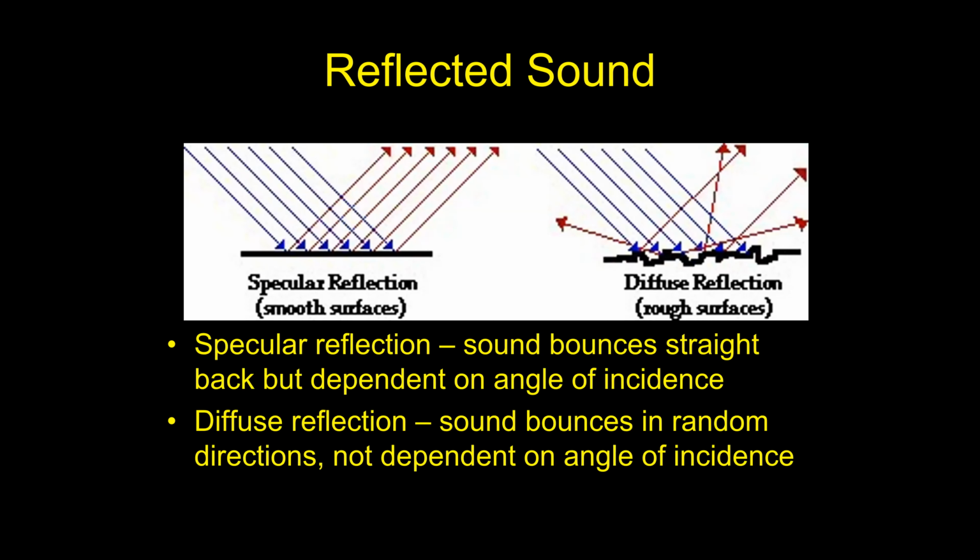Of the reflected sound, we need to know that if the sound wave bounces off something that's smooth, it's very predictable which direction the sound wave will reflect in. If the edge of that surface is really irregular, lumpy, bumpy, the sound wave as it comes in is going to reflect off in all kinds of different directions.